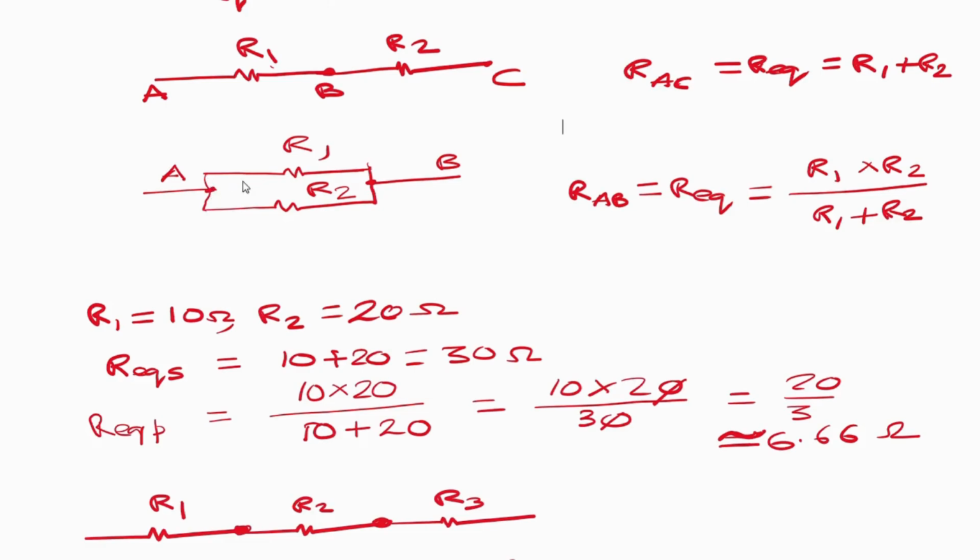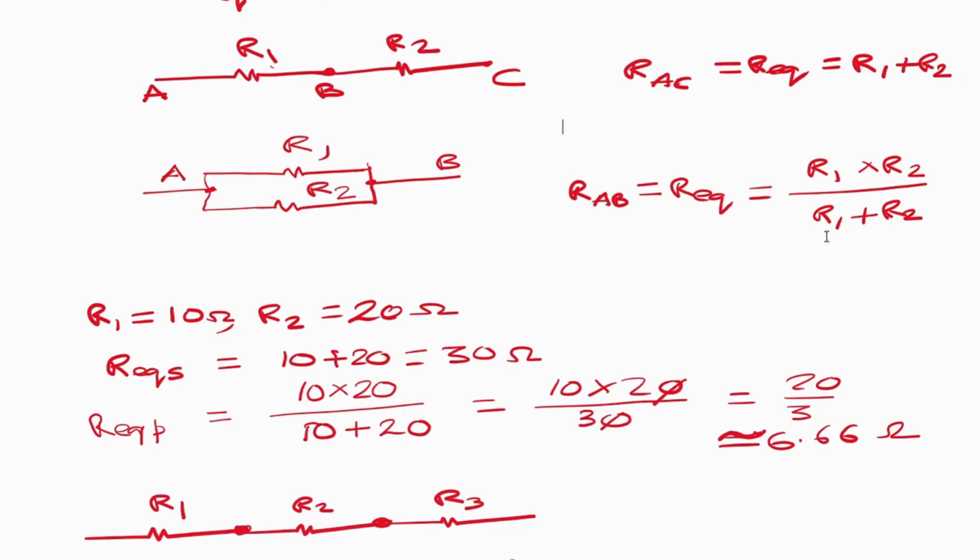Now we will first calculate the equivalent resistance of R1 and R2. If we define it as RAB, the parallel combination of the two resistors R1 and R2, RAB is the R equivalent. It is defined by R1 into R2 divided by R1 plus R2.